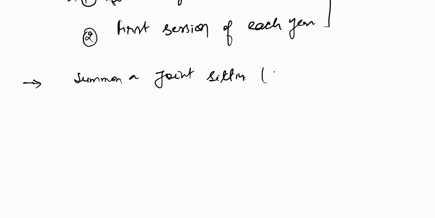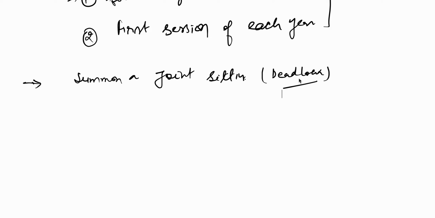He does so if there is disagreement, or what we call a deadlock, between the two houses. Let's say there is an ordinary bill. We are not going into too much detail, because when we do parliament we'll focus on this, but just to let you know. Let's say there is a normal bill, and both houses, Lok Sabha and Rajya Sabha, have disagreement.